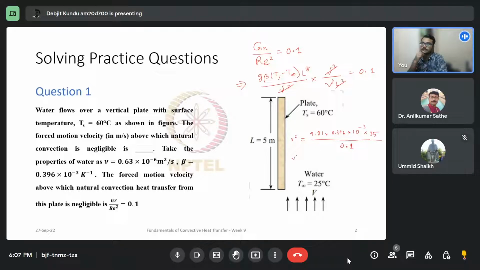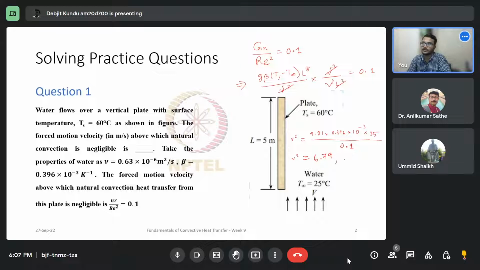Can you please help me out with the calculation? Just a minute. 9.81 into 0.396. That is 2.6 meter per second. V or V square? Which one? V square is 6.79.